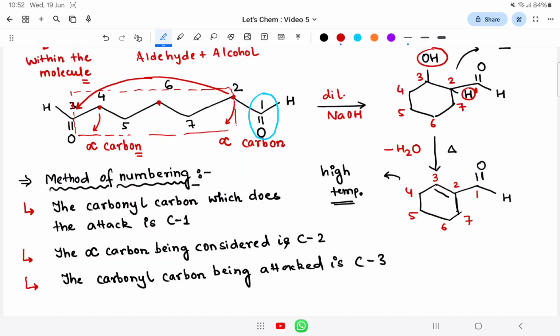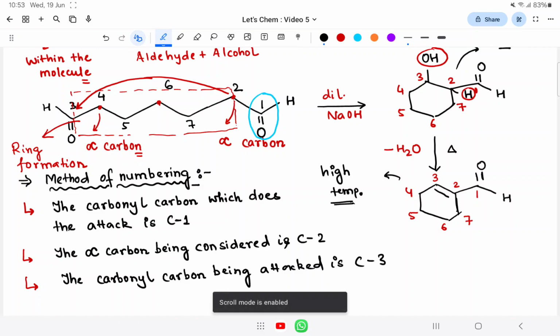This area has gone for what, guys? Ring formation. This is the reason why I'm going very slowly, so that you can cross check whether whatever I'm saying is correct or not. If you can see how many members are there in the ring, 1 2 3 4 5 6 membered ring we have.